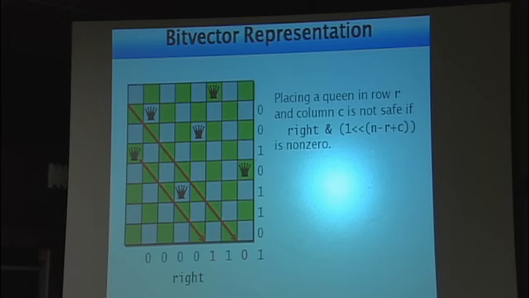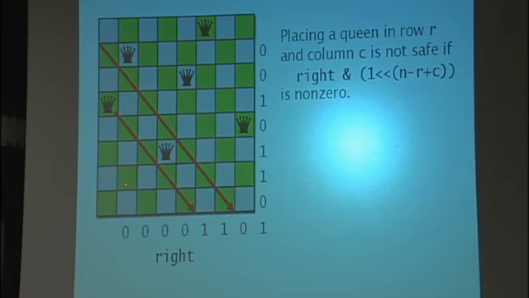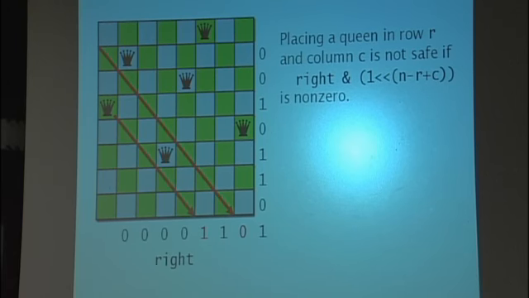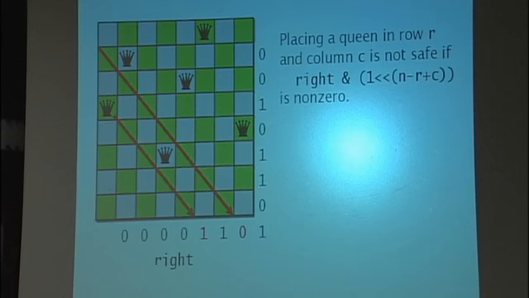For a given square, if I'm increasing the row, I'm decreasing the diagonal that I'm on. But if I'm increasing the column, I'm increasing the diagonal I'm on, right? So that's why it's basically a difference here.